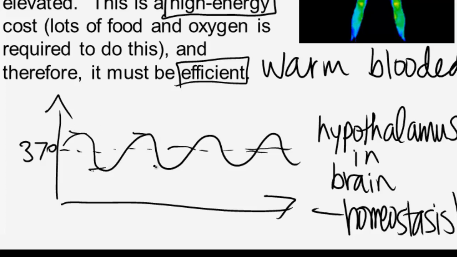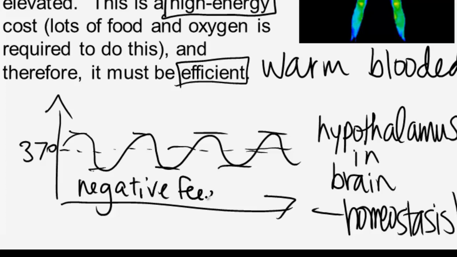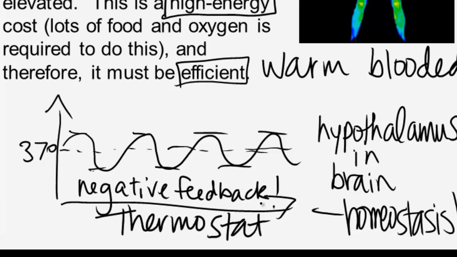So we can go a little bit higher, and then we'll start to sweat, and if we go a little bit lower, we'll start to shiver, but ultimately the brain will initiate responses that will help us to maintain that 37 degrees set point, and it does that through negative feedback, which we learned on some of the last screencasts. It's just like a thermostat in your house.